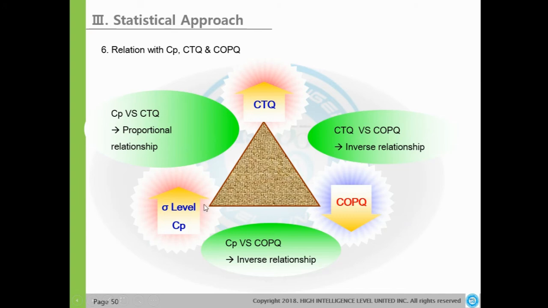Once CP levels up, CTQ also levels up. But CP and COPQ are inverse. Once CP increases, COPQ will decrease. CTQ and COPQ are the same, inverse.